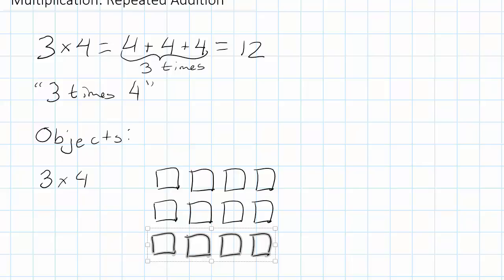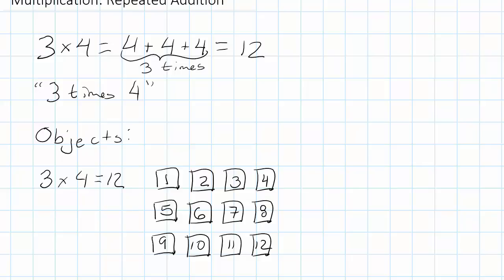And we see that we get 1, 2, 3, 4, 5, 6, 7, 8, 9, 10, 11, 12 objects in that way. 3 times 4. We are correct in believing that that's 12.